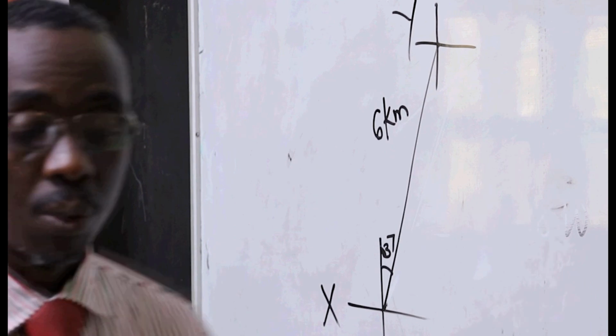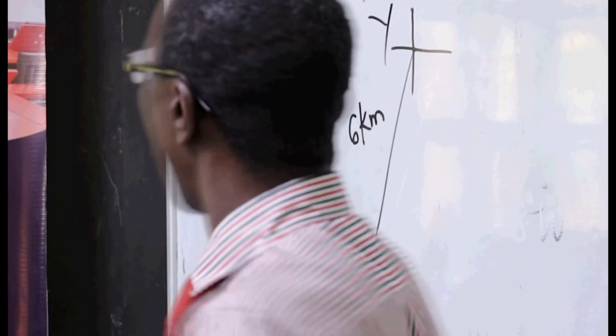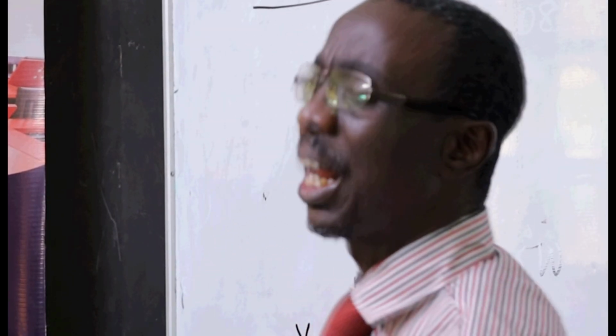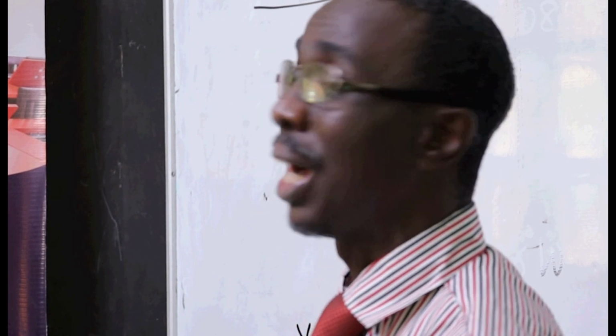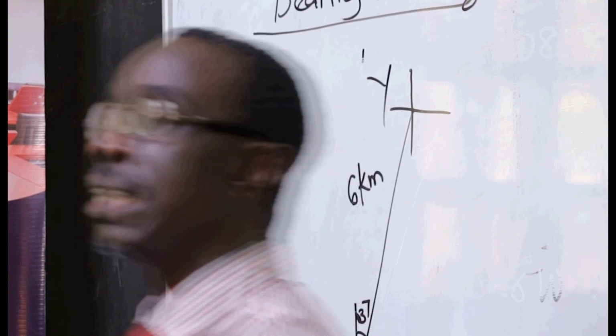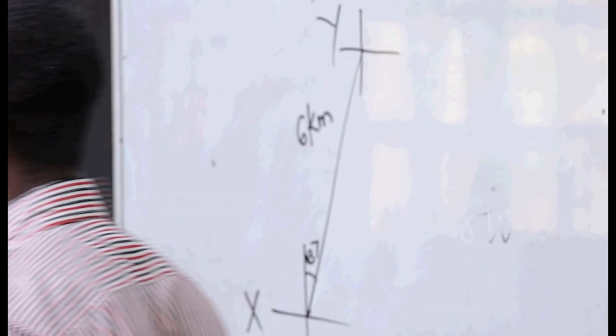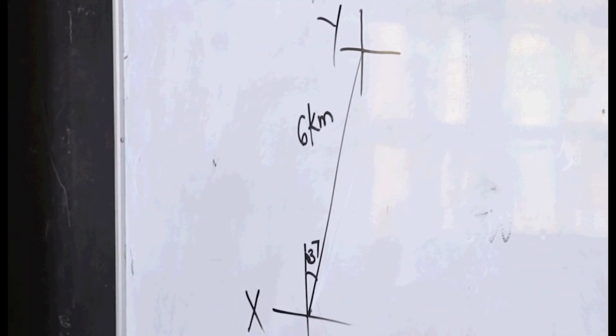Yes, sir. Okay, from the question, it now said "then". It then means that you are not coming back to point X to take another bearing. You are actually doing continuity. If you leave point X and get to point Y, after getting to point Y you will now think of taking another bearing from point Y so that you can continue your journey.